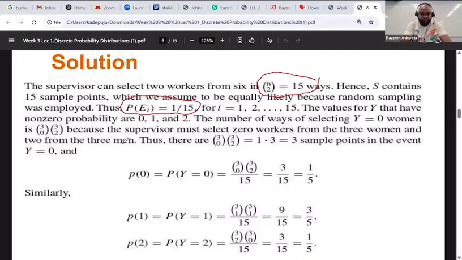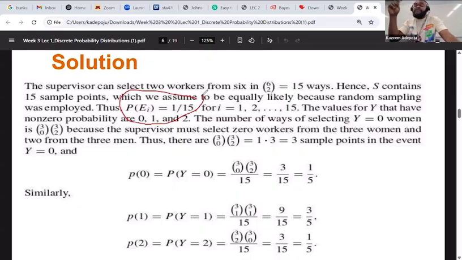Now, do you know what I want to do right now? What I actually want to do is find the probability associated with my random variable. Right here, this is the probability associated with events, choosing one of the ways out of 15 ways. But that is not what I'm looking for.